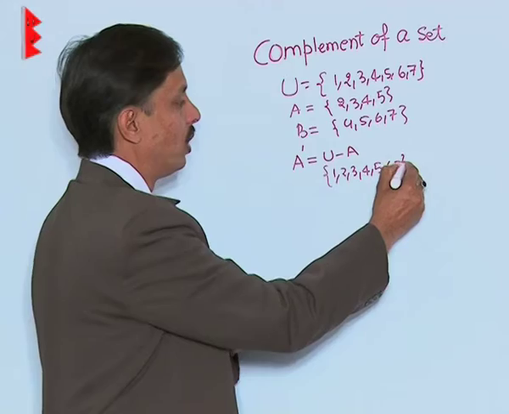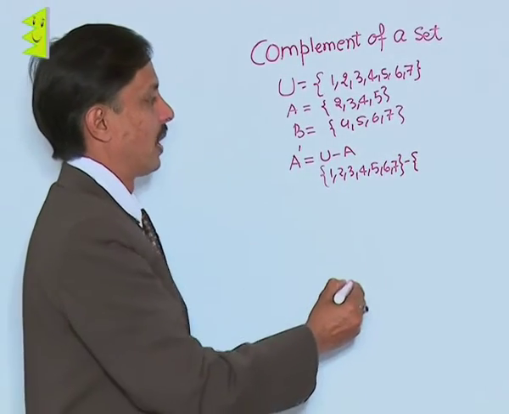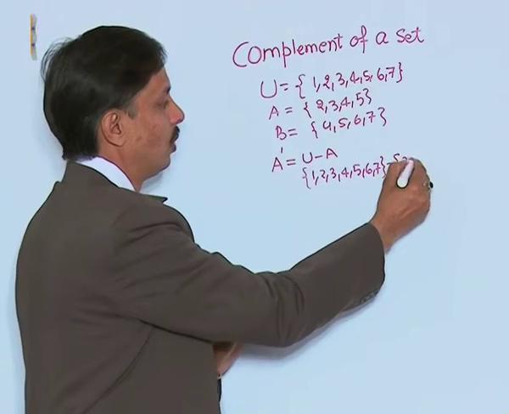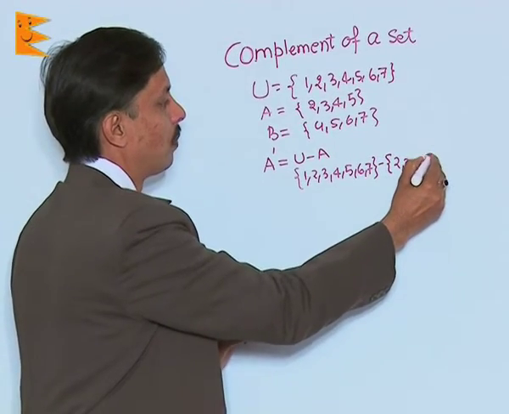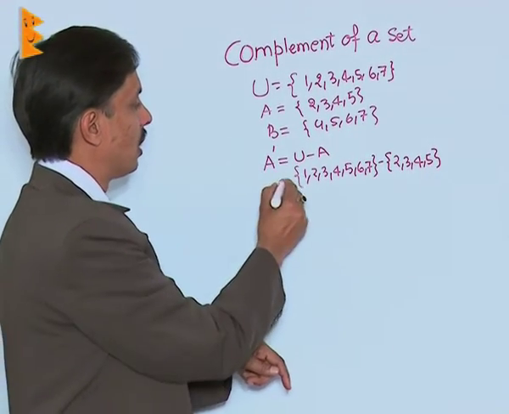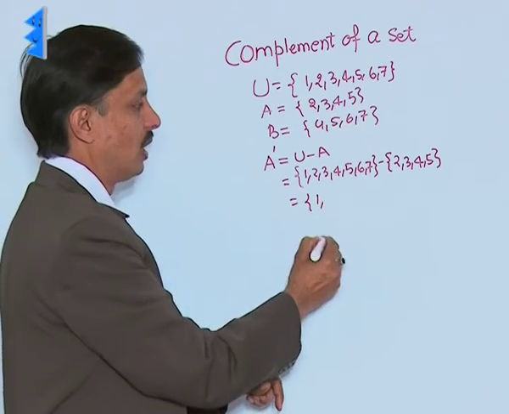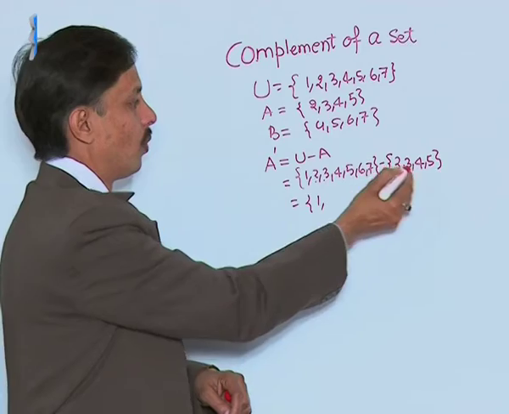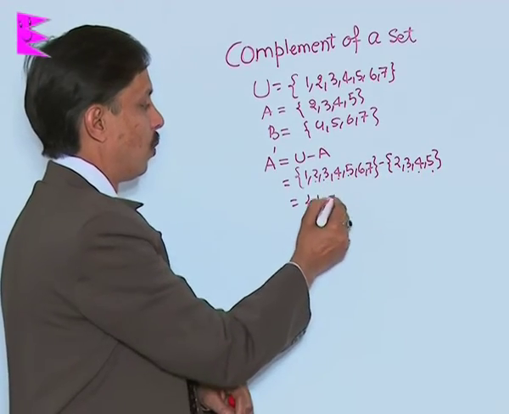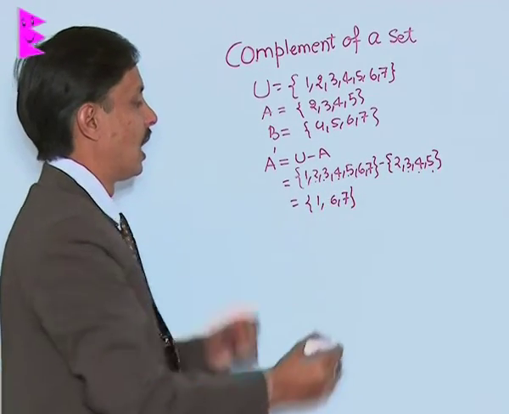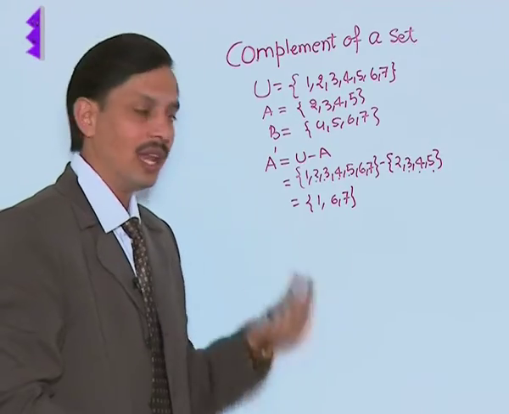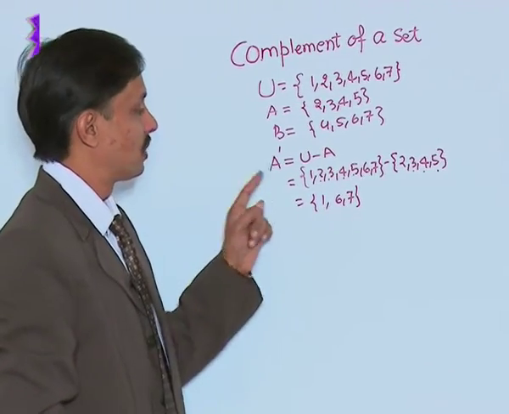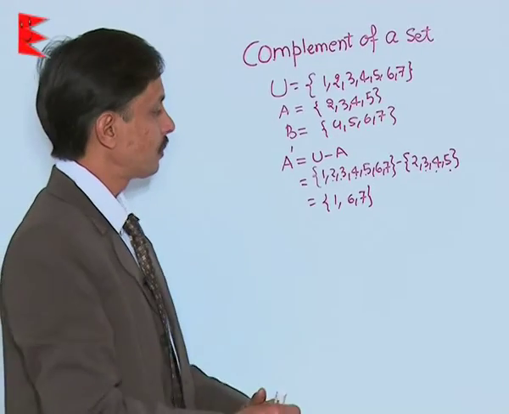If from this universal set you subtract the elements contained in A, that is 2, 3, 4, 5, now the result will come out as: 1, 2 cannot be, it is deleted, 3, 4, 5 are deleted. What is left? 1, 6 and 7. So the set of elements 1, 6, 7 is the complement of set A, number 1.